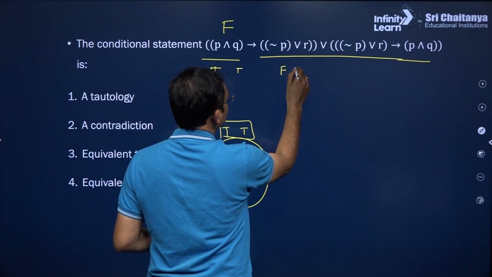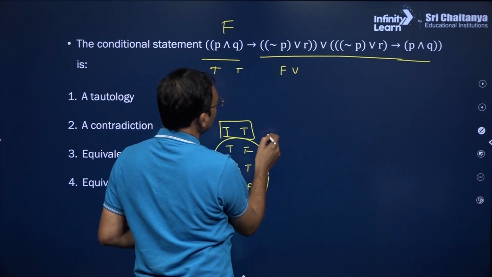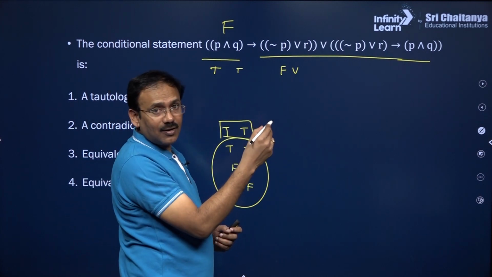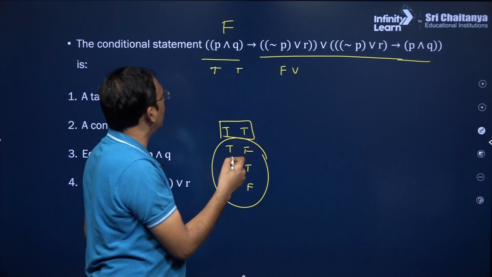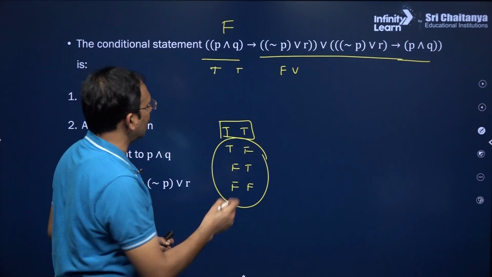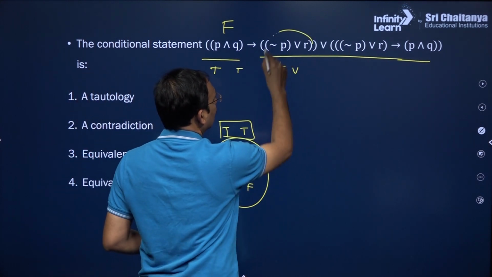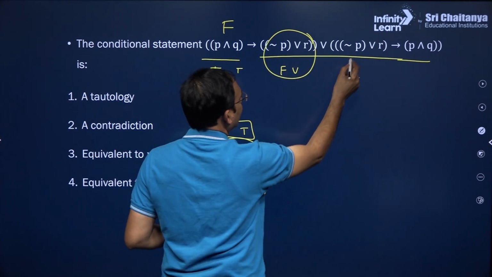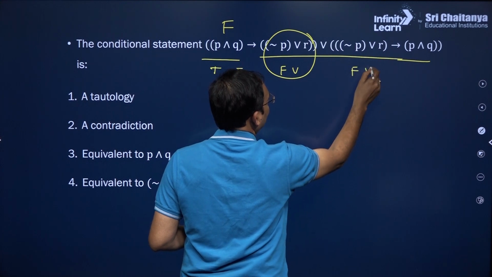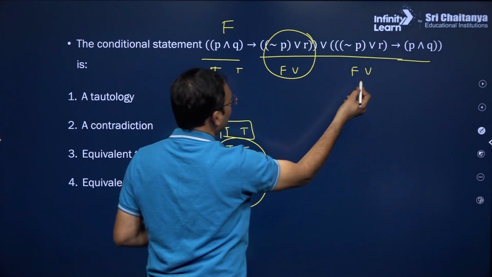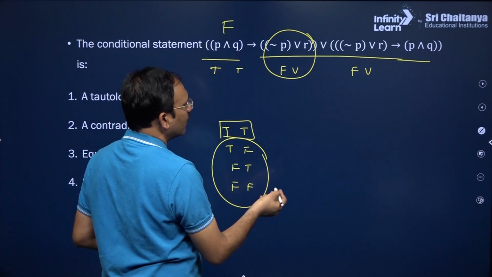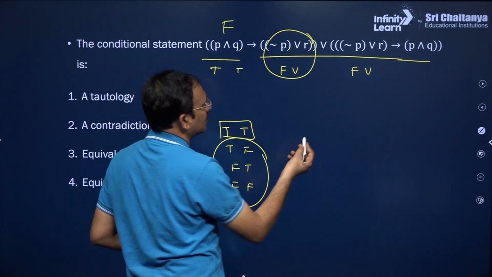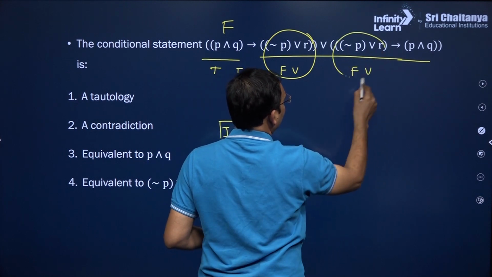Negation P is false, so it is false or something. We don't know about this, but you see, or is there. False or some statement can be true or false, so we have an ambiguity here.